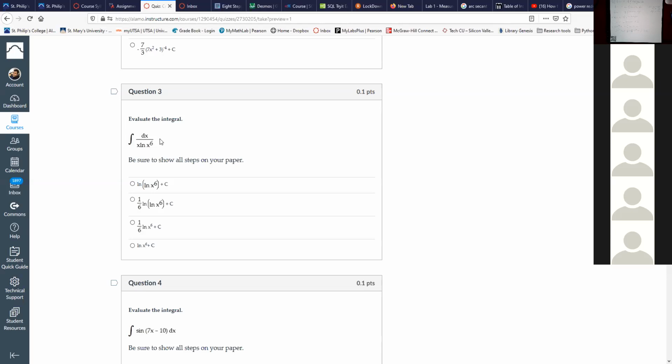Yeah, let's work that one out. I was having problems with these. Integral of dx over x ln x to the 6. Should correct the spelling.